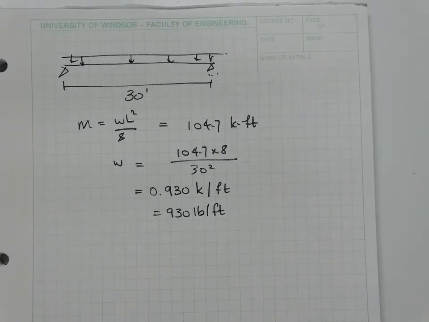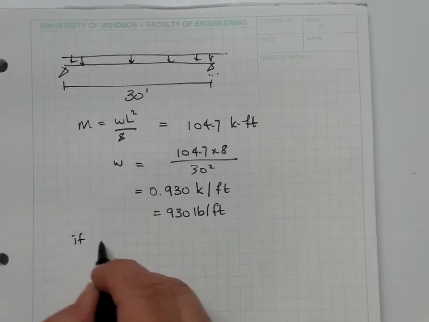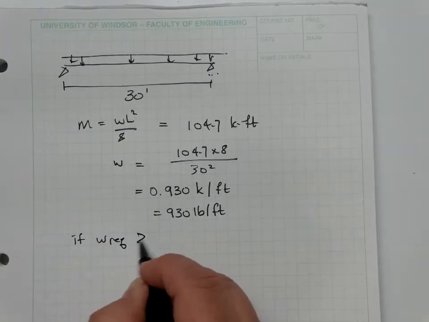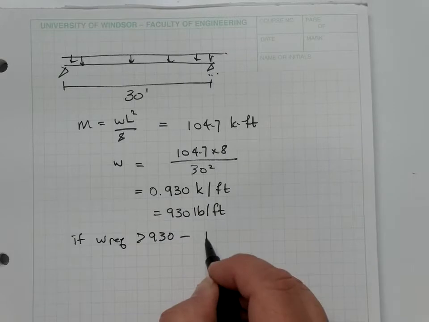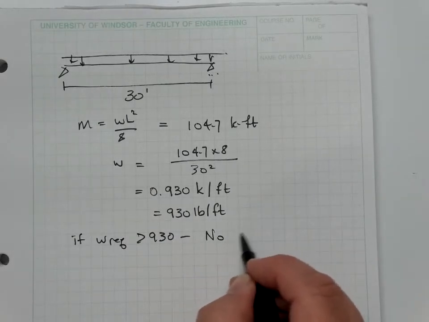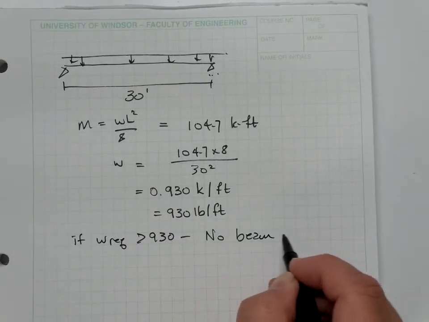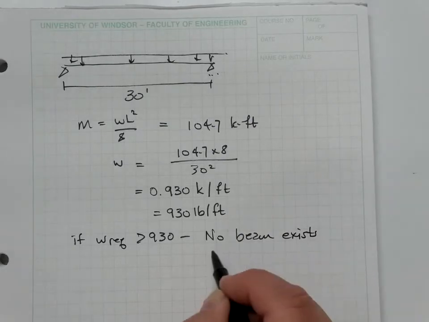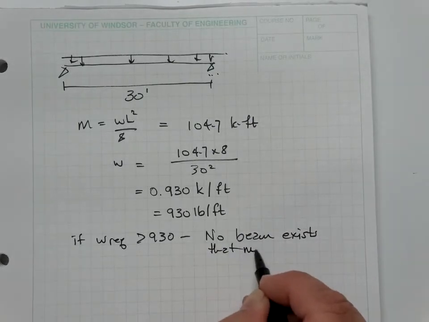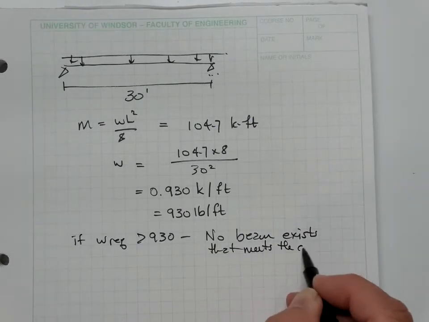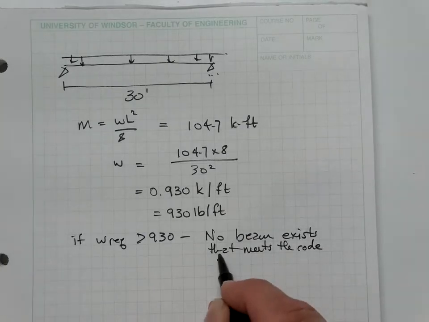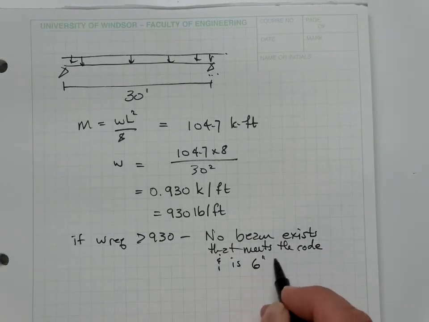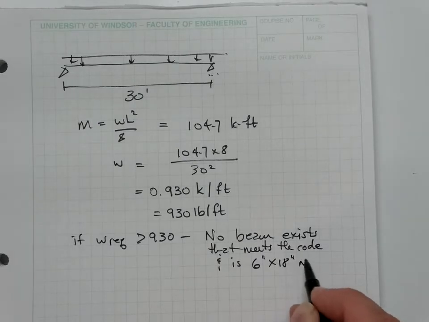So now we have a problem. If the w requirement is greater than 930, no beam exists that meets the code, and is 6 inches by 18 inches nominal size.